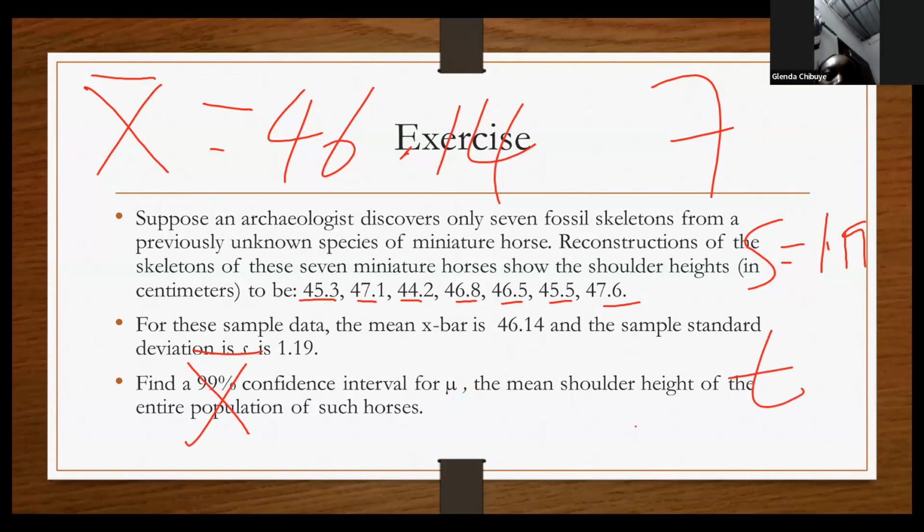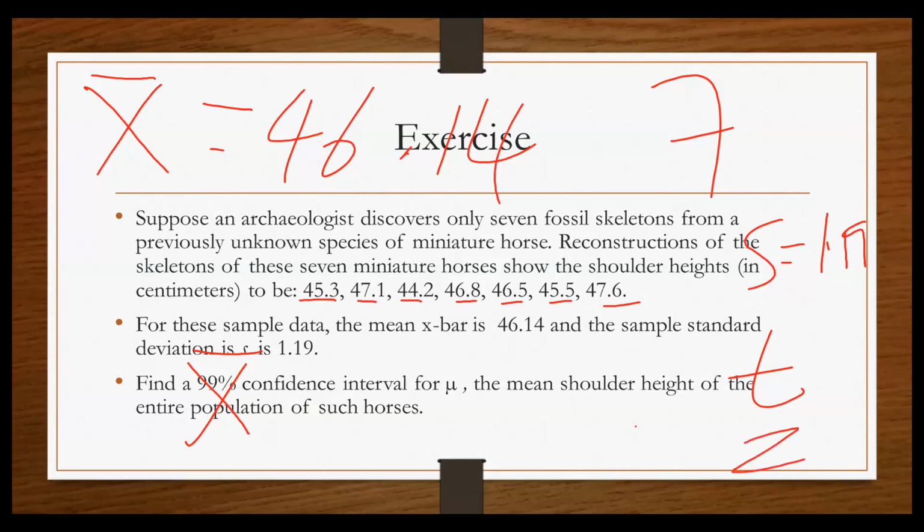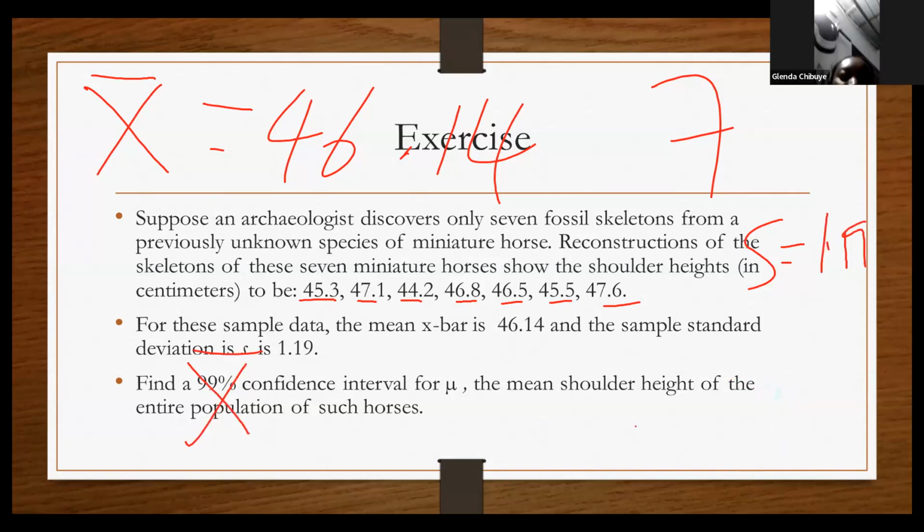And if the sample size is big, we need to use the Z statistic, isn't it? Yes. So in this case, what statistic are we using? Isn't that T? Yes, so we use the T statistic because the sample size is less than 30.